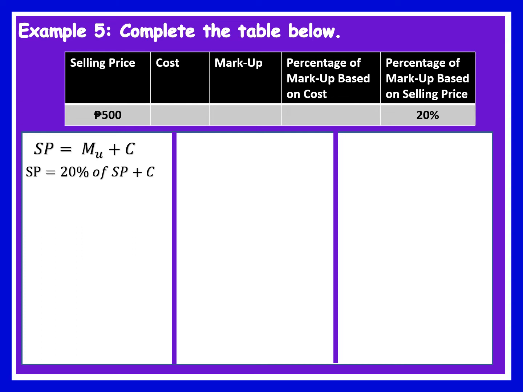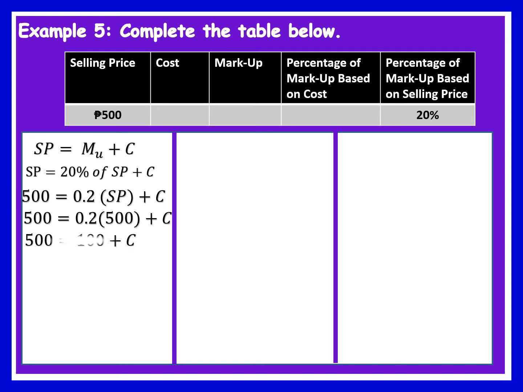Then we can substitute the value of the selling price, which is 500. Again, the selling price is 500, so we can replace it by 500 also. That is 500 equals 0.2 multiplied by 500 plus the cost. Multiplying these two numbers, that will be 100.